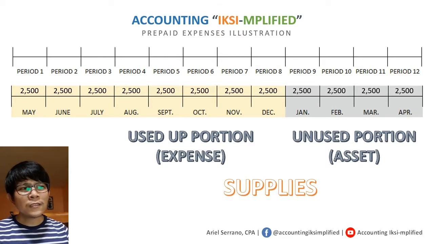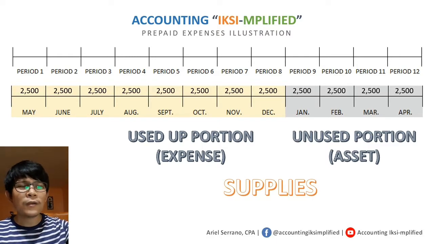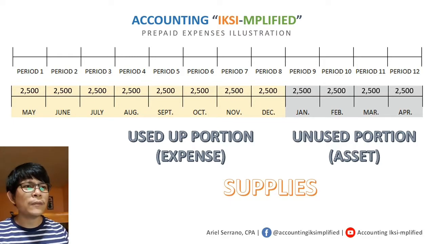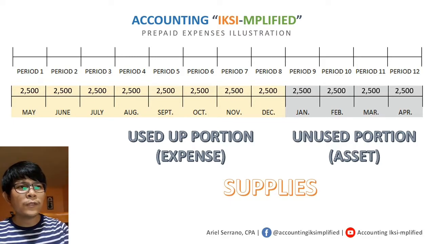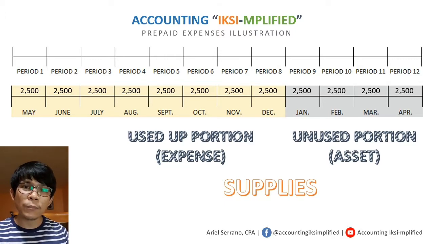Now, in this supplies account, we started in May, and it ends at the end of April because it's 1 year. You can see I used color coding from May to December; this is what we have already used. Since it's 2,500 per month, we plotted it every month. The gray part is the asset account, the portion not yet used. So when you compute from May to December, 2,500 per month, you will arrive at the amount of 20,000 pesos.